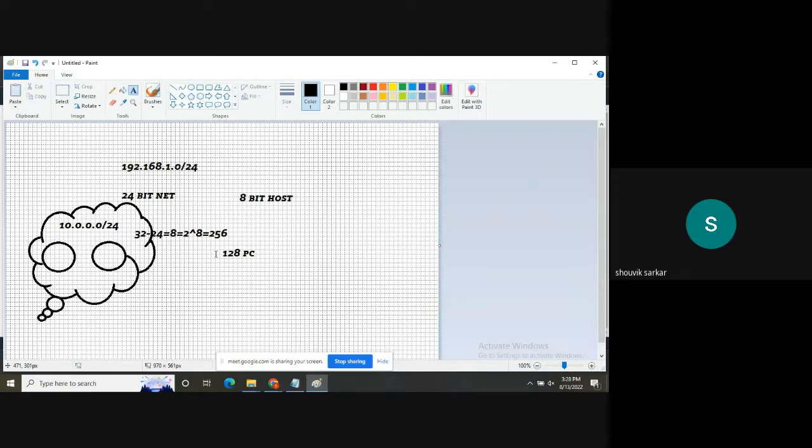Is it clear or not? If 10.0.0.0/24 is written, then we can arrange a maximum of 120 PCs. So is it clear? Please confirm, everyone. Do you have doubts, questions? Do I need to repeat or not?